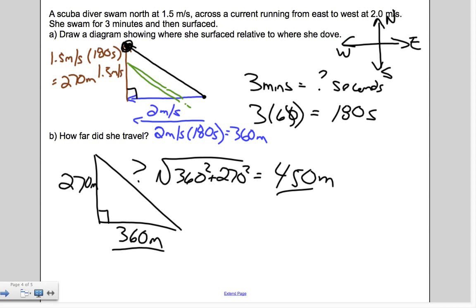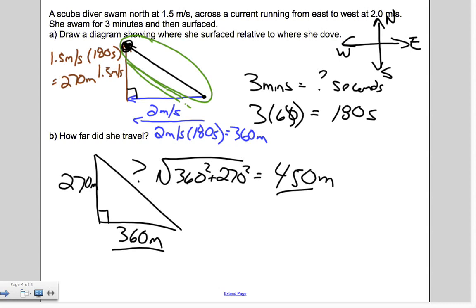Doing 2 meters per second and then 1.5. So another way you can look at this problem is that here we're talking about the vectors or the directions, and speed. So the current's carrying her 2 meters per second, she's swimming 1.5 meters per second. You can look at this as her net speed, both the current carrying her and her swimming.